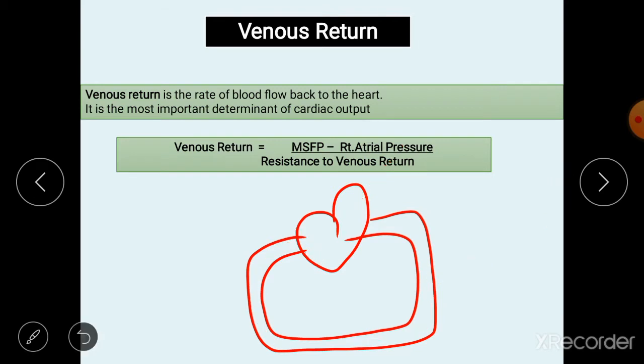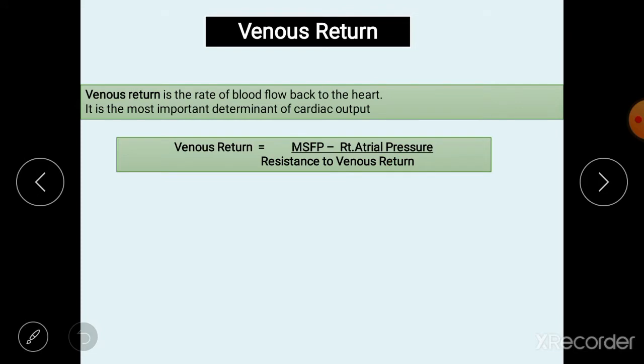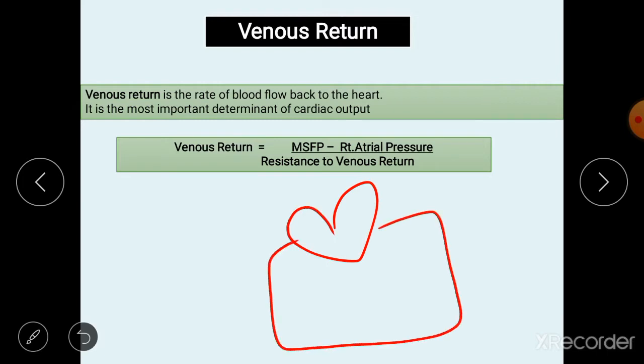Mean systemic filling pressure is around 7 millimeter mercury in the systemic circulation, and it is directly proportional to the venous return. Greater the mean systemic filling pressure, greater will be the venous return. And this mean systemic filling pressure depends upon two factors.